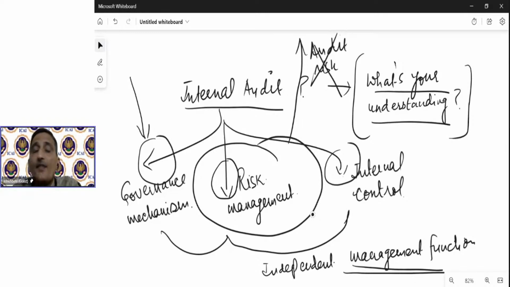So if you understand that concept completely, then all those things would naturally flow from it sequentially, step by step.